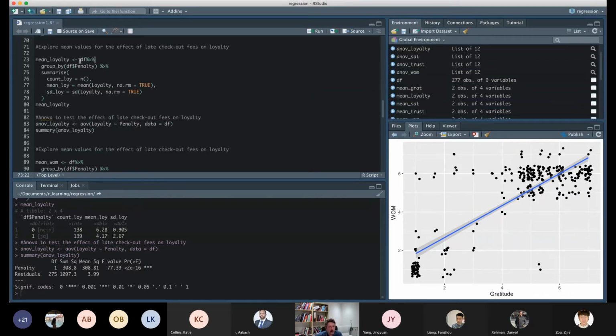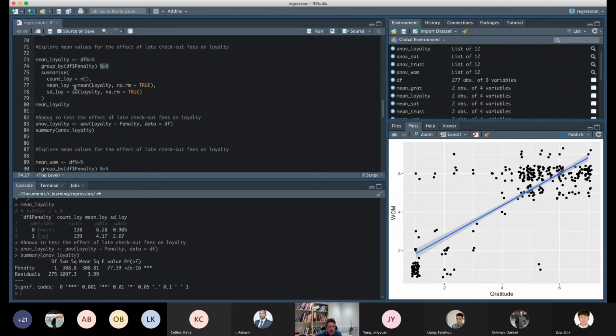So this means, take the data set df, and then group this data set by penalty. We know penalty has two customer groups, no penalty and penalty. So group by this penalty variable, and then that's again this pipe function, and then summarize.